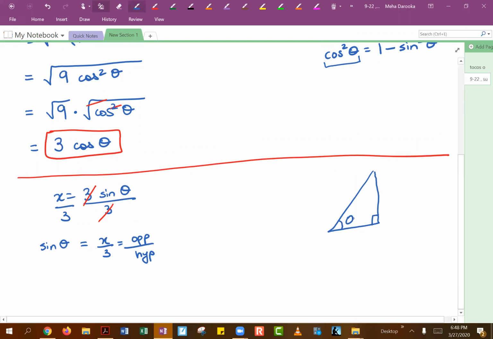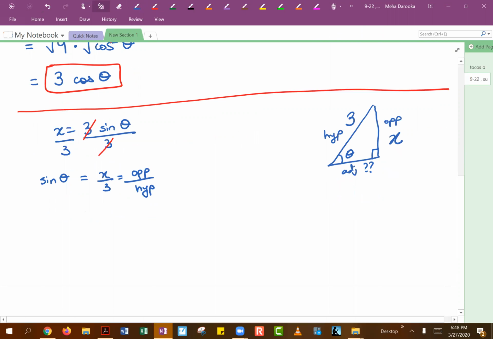If this is our angle theta, this would be opposite, adjacent, and then of course this guy's hypotenuse. So our opposite side is x, our hypotenuse is 3, and we actually need to find the adjacent side.